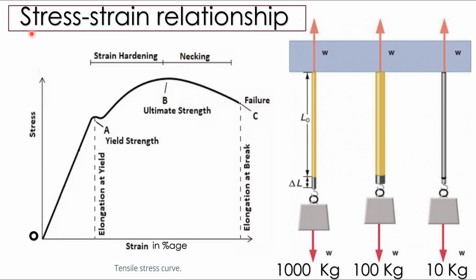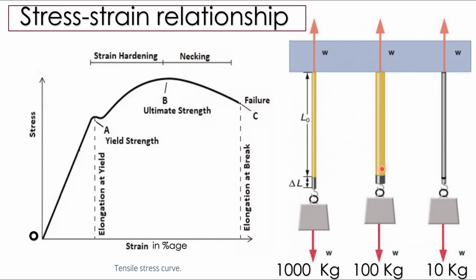To understand the stress-strain relationship and the diagram, let's take an example of a specific material by performing a tensile test. The specimen in our case is a cylindrical rod, as you can see in this picture. It is fixed at one end, and a tensile load, which is 10 kg, is applied on the other end to measure the stress and strain in this test specimen.